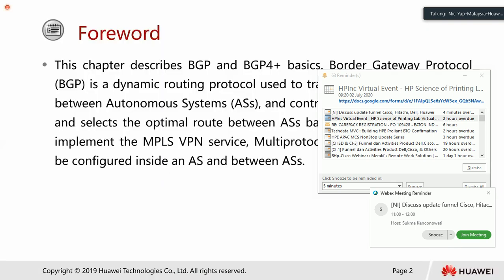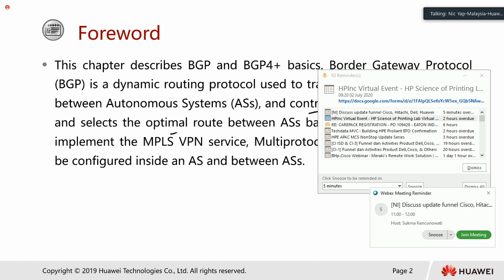So BGP and BGP 4 plus is a dynamic routing protocol that transmits V4 and V6 between the ASs, and BGP is more to control the route advertisement and select the optimal route between the ASs. Compared to the IGP, what does IGP normally do? IGP is more focused on discovering new routes and selecting the best route back to the destination.